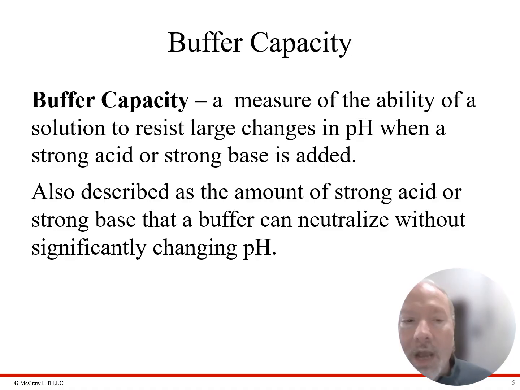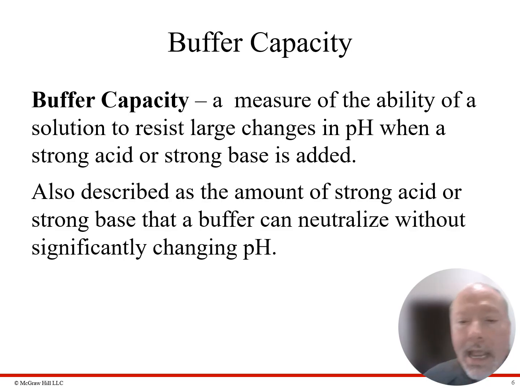You're not going to have to do those calculations. You should know this definition about what buffer capacity is. You can exhaust a buffer by adding too much acid or too much base. Hopefully, you don't do that if you're doing a reaction in lab and you have calculated the concentration of the weak acid you need, and the conjugate base you need to create this buffer.